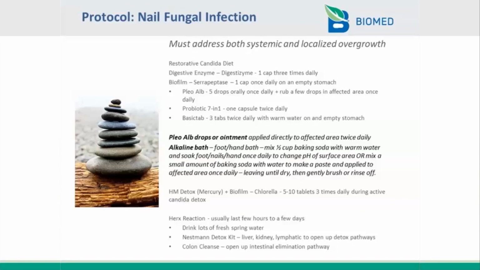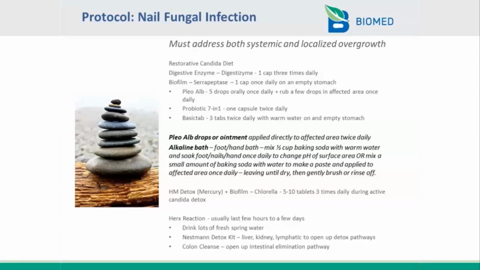This is taking baking soda and mixing it with warm water and then soaking the affected nail or nails daily to change the pH of the surface area. You're destabilizing the fungal organisms so they can't thrive and survive. And if soaking it in warm water doesn't work, you can also make a paste and put it directly onto the nail bed, and then you just let it dry and brush off.